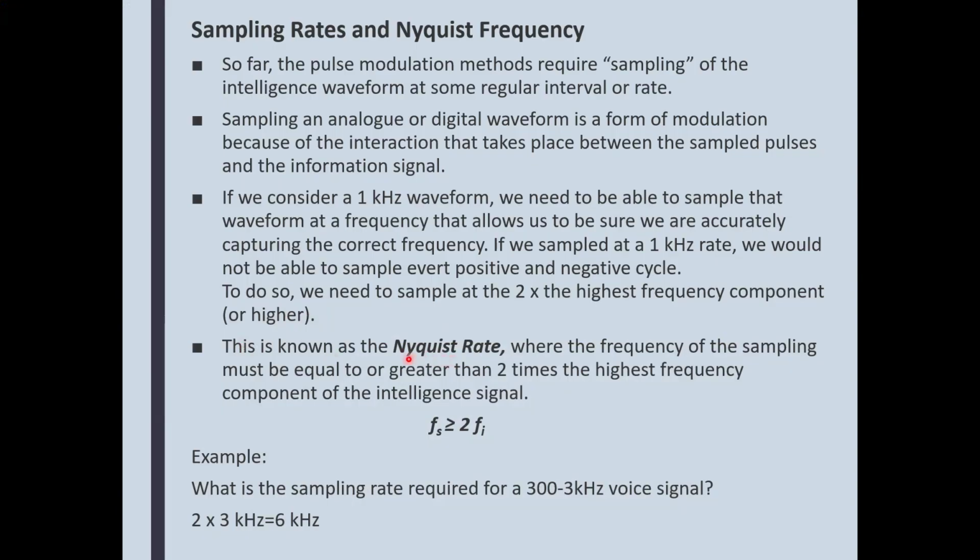This is known as the Nyquist rate, where the frequency of the sampling must be equal to or greater than 2 times the highest frequency component of the intelligence signal. So the sampling frequency has to be equal or greater than 2 times the intelligence's highest frequency.